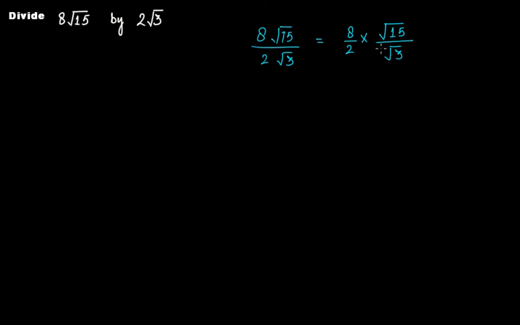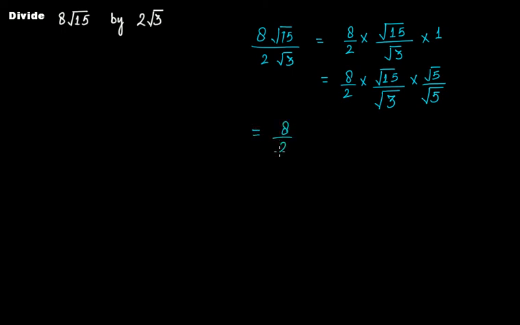Okay, if we multiply this number by 1, now this is 8 divided by 2 multiplied by square root of 15 divided by square root of 3. Then this 1 can be written as square root of 5 divided by square root of 5. Okay, don't worry, you'll get to know why we did this.